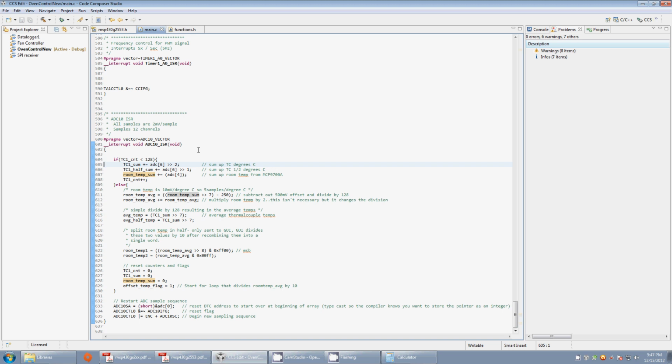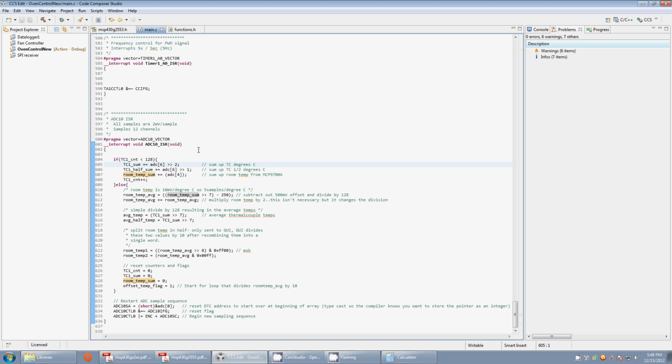So every time we sample the thermocouple, we're going to get 4 samples per degree Celsius. So we want to divide that by 4, so that'll give us 1 sample or 1 digit per degree Celsius.